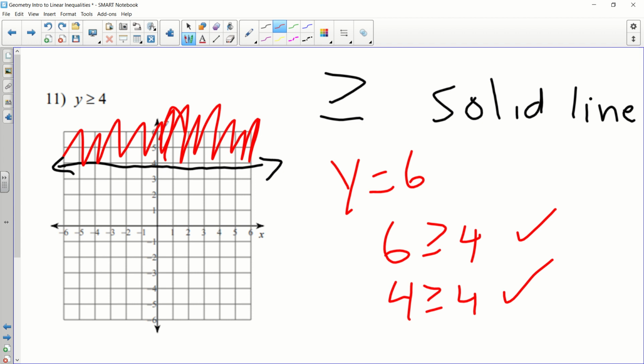And I can always check (0, 0) down here. That is not in the shaded area. 0 is not greater than or equal to 4, so it should not be in my shaded area. So I've shaded in the right direction.